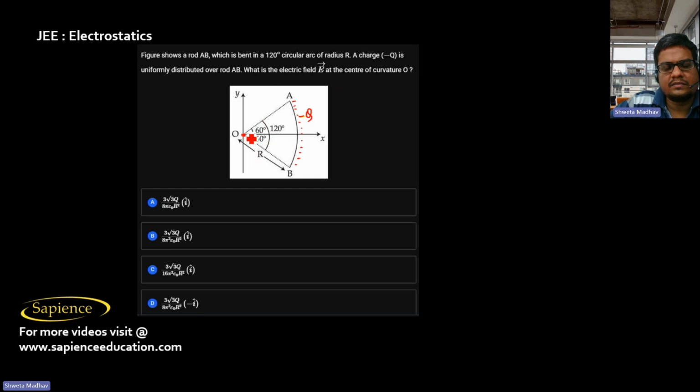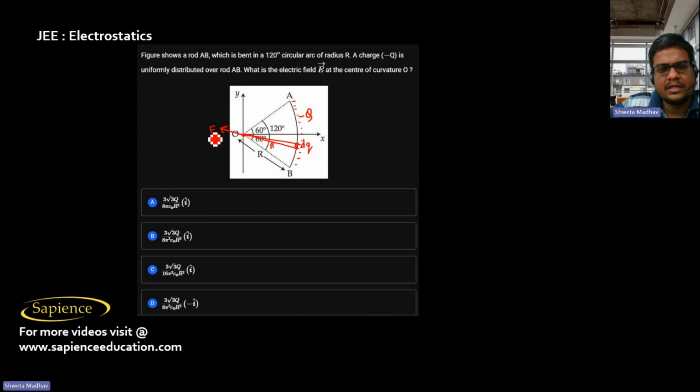So here, if we take a small line element dq here, at radius r, then at this point how much will be the electric field that we have to find? So here, this electric field will be like this.